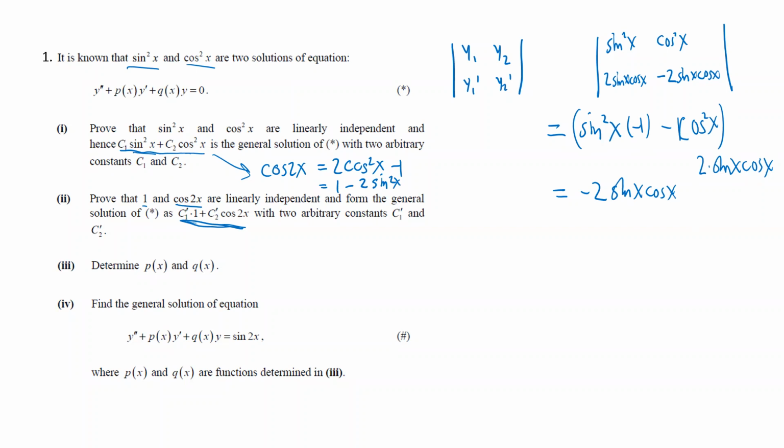So that means cosine square x is equal to 1/2 of 1 plus cosine 2x, and sine square x is equal to 1/2 of 1 minus cosine 2x.